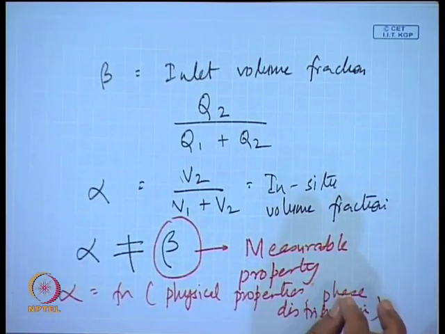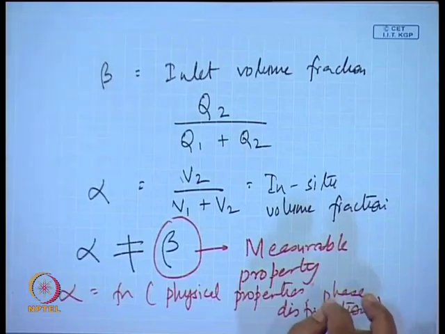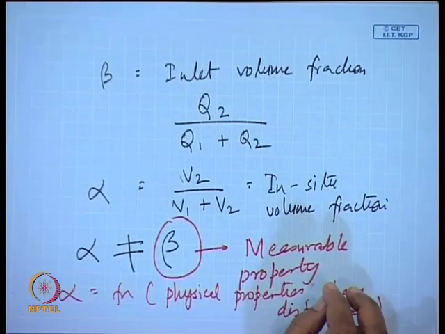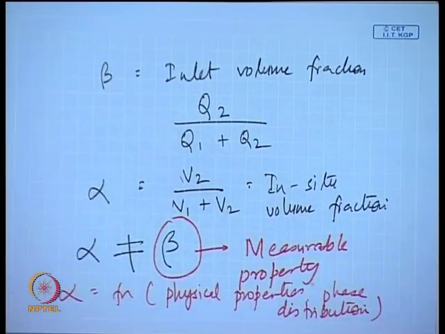Apart from this, there is one more quantity which I would very much like to mention. This is particularly applicable for boiling and condensation, that is the mass fraction of the total flow which comprises the vapor phase or the liquid phase.